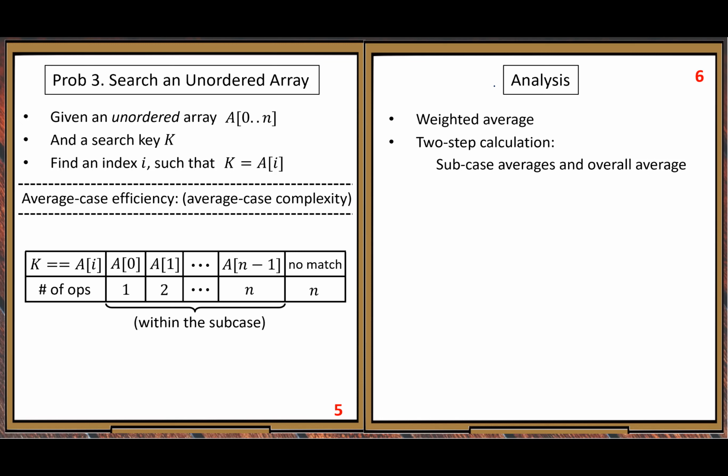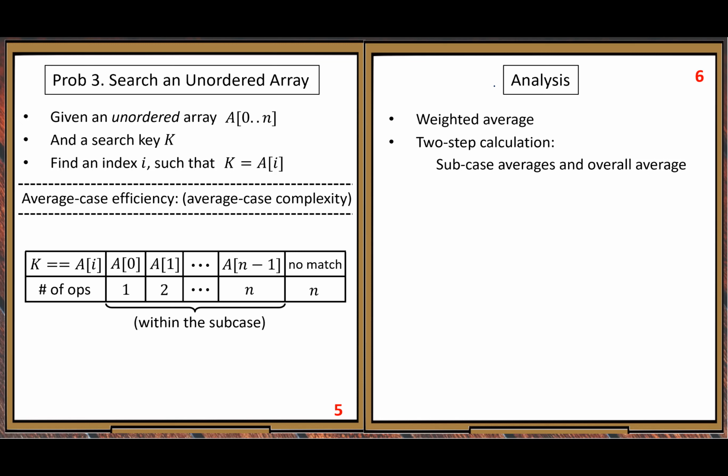So we can treat the first subcase, the matching case. How about the matching subcase? We can find a valid index i for which k equals A of i.